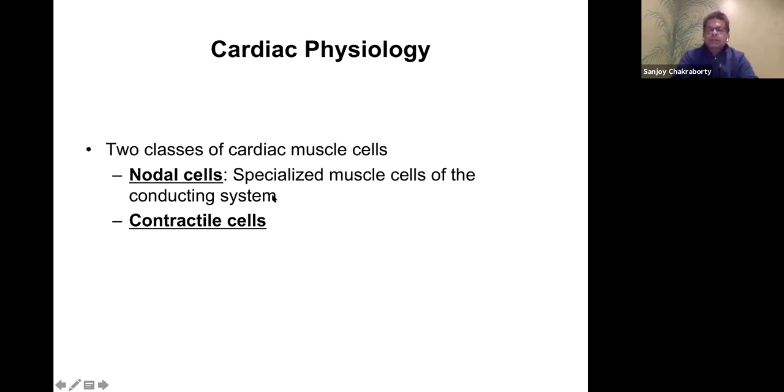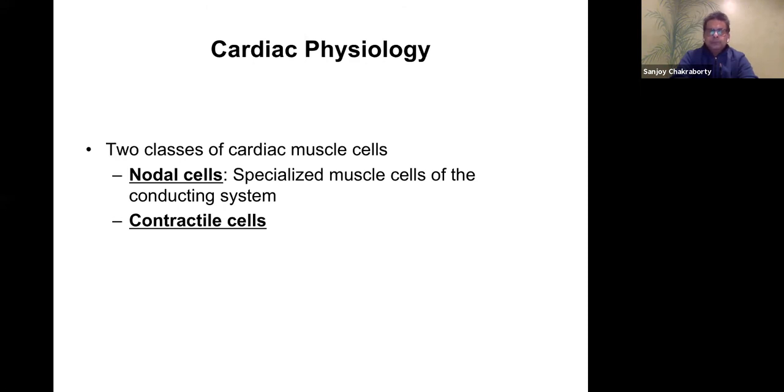Nodal cells are a smaller population of cardiac muscle cells in the heart. They have the ability to produce the signal that, in case of skeletal muscle, is sent by the nervous system. That's the biggest thing to understand. The remaining part, like troponin binding with calcium and tropomyosin moving, is pretty similar.